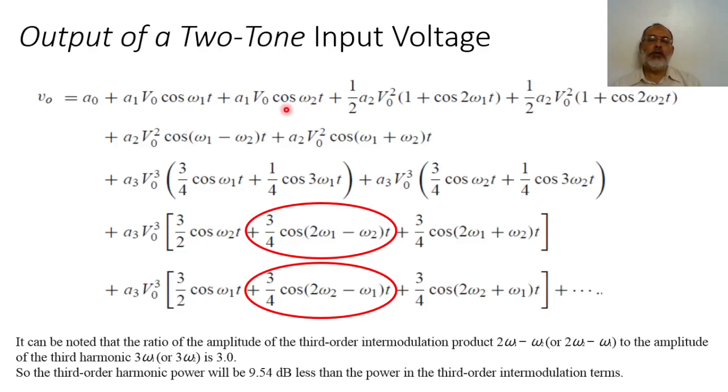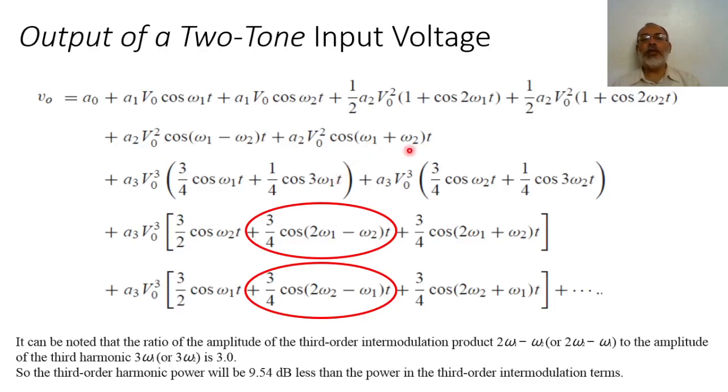So they are usually outside the operating bandwidth of the system or the amplifier. So the components 2ω2, 3ω2, 2ω1 and 3ω1 are usually away from the passband.